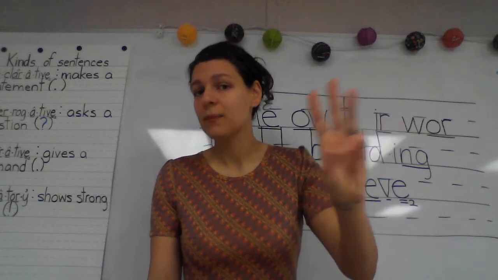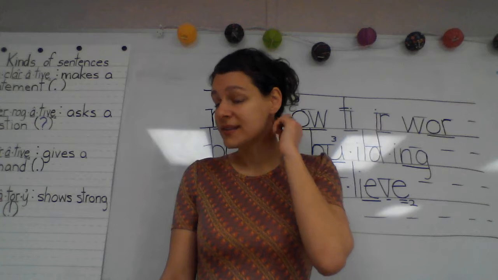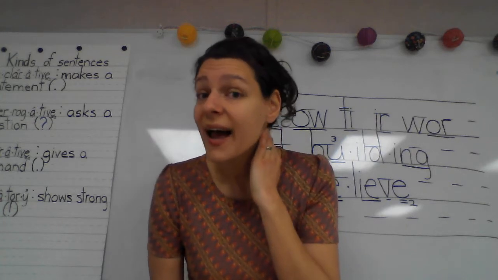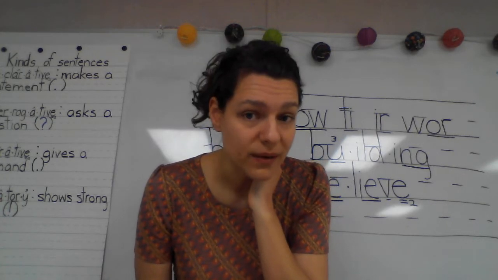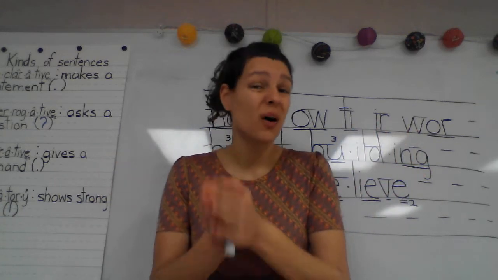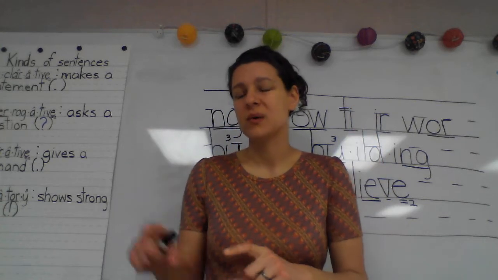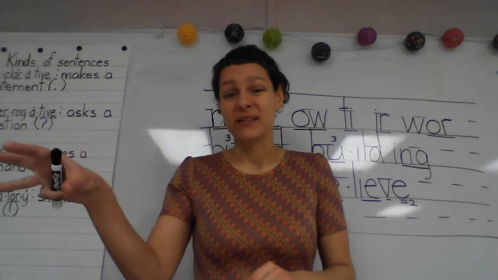Good, there's 3 syllables. What's the first syllable? Good, how. Second one? Good, ev. And the third syllable? Good, remember for compound words, there's always a syllable break between the 2 words in our compound words. So we know how is going to be its own syllable.